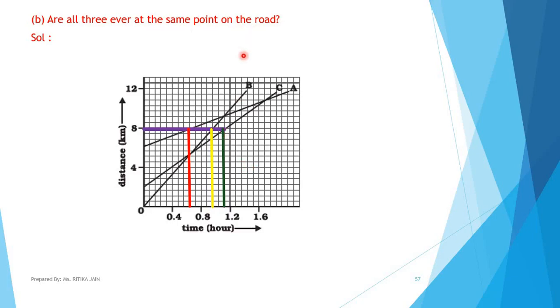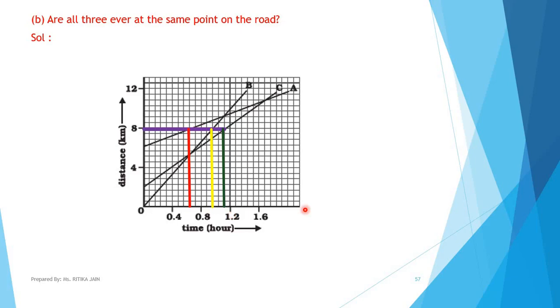Now, do they meet at the same point? To meet at the same point, the 3 objects should be there at the same time, then only can they meet with each other. So now clearly from here you can say that at 8 kilometer distance, object A was there at about 0.7 seconds, object B was there around 0.9 seconds, and object C was there about 1.1 seconds.